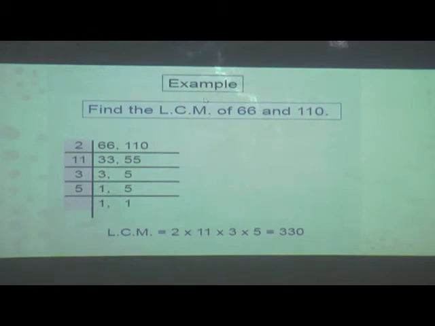Example. Find the LCM of 66 and 110. We have taken the same example where we found the HCF. Here we take 66 and 110 together, and find the common prime divisors one by one, starting with 2. 2 threes are 6, again 2 threes are 6.